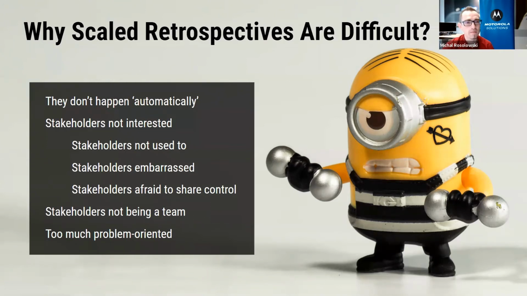And lastly, my typical experience with retrospectives is that they focus a lot on problem finding, and they do not focus enough on problem solving. And we're going to get back to it in a minute.